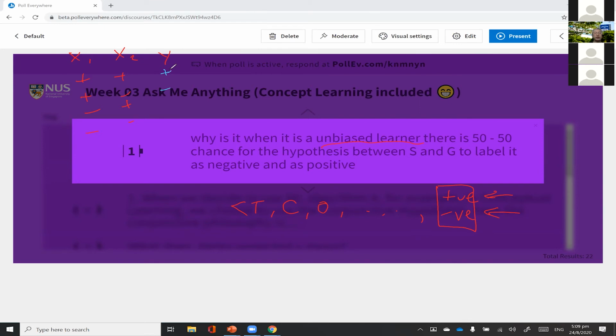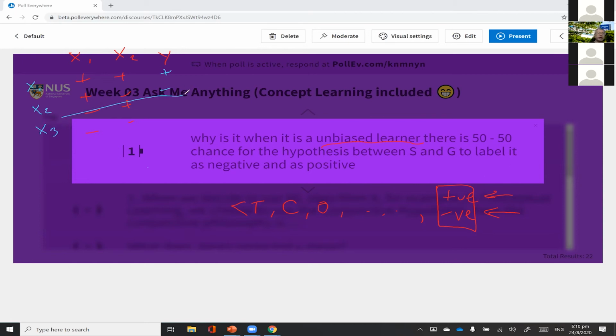So this is our x1 and this is our x2, the two data instances that we have. Now, we've thrown away some of the hypotheses, but let's say we get a new example and we need to classify it. This is our test example.